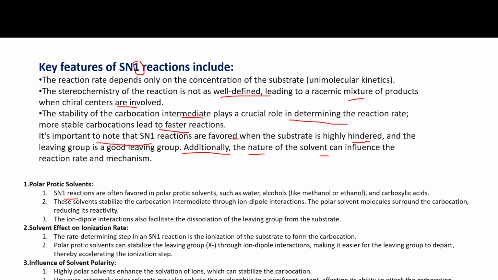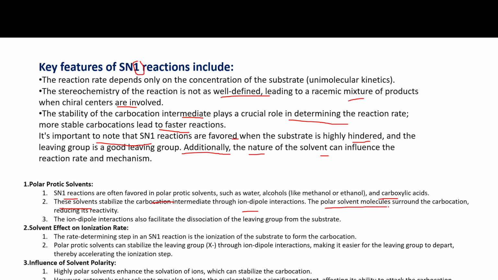SN1 reactions are often favored in polar protic solvents such as water or alcohols like methanol or ethanol, and carboxylic acids. These solvents stabilize the carbocation intermediate through ion-dipole interactions, because polar protic solvents have dipoles and ions, which stabilize both the intermediate and the leaving group.